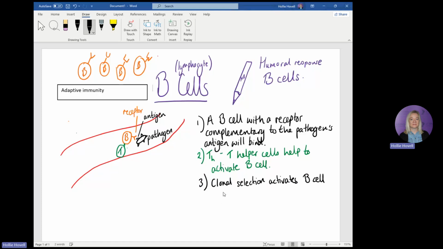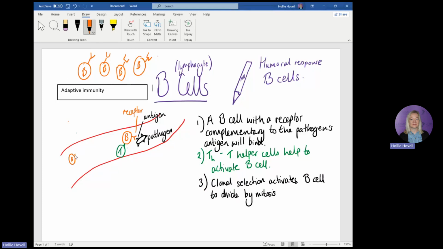You can see why this takes time, can't you? It's a trial and error of all those different B cells to try out to see if they were complementary. So clonal selection activates the B cell and it makes it divide by mitosis. So what we're going to get is lots and lots of the B cells that have that same receptor on them.